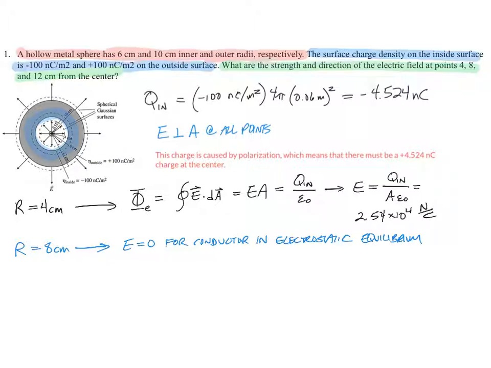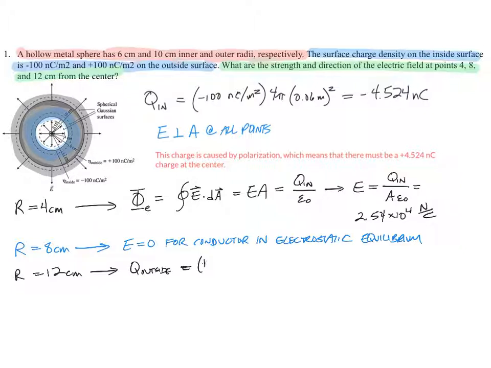What about at 12 centimeters? Well, Q outside. Remember, at 12 centimeters we are out here on that Gaussian surface, just past the surface of the actual metal sphere. And the Q outside is going to have to be all the charge that's out there that we were told was out there.